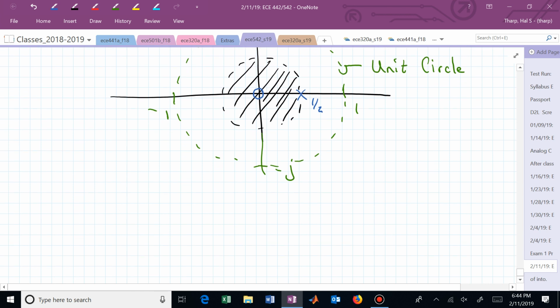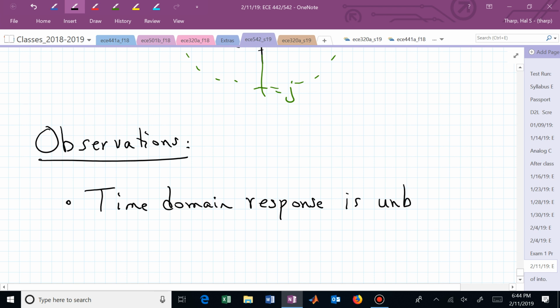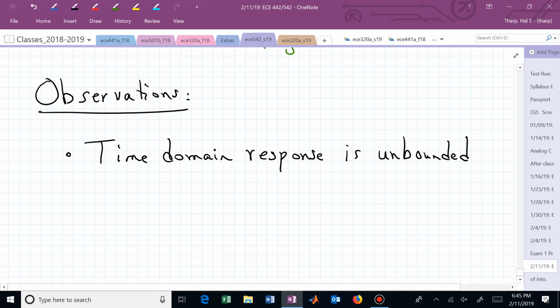Here are the observations I want to make relative to this example 1. The time domain response, that was little x1 of n, is unbounded. There I'm using unbounded to denote exponential growth in our time sequence.